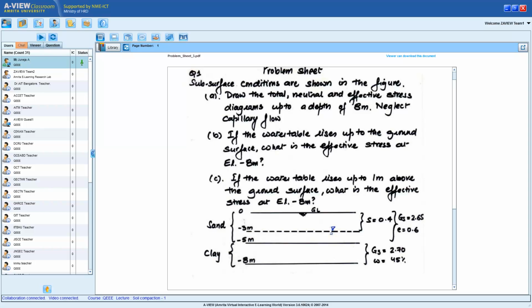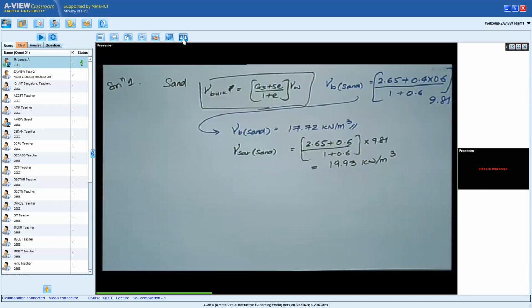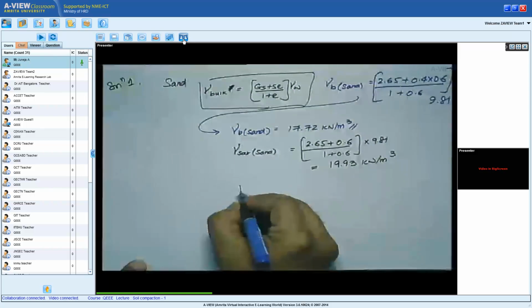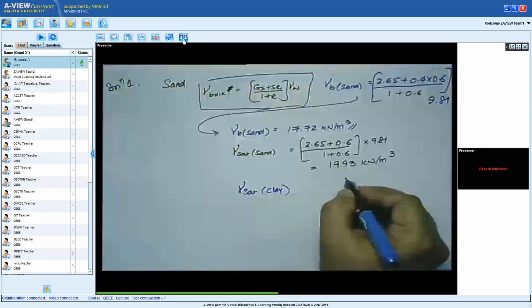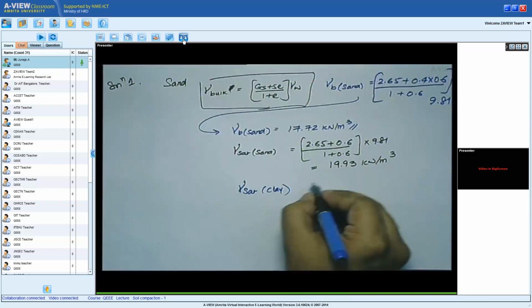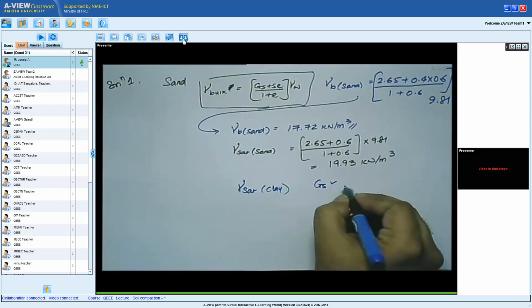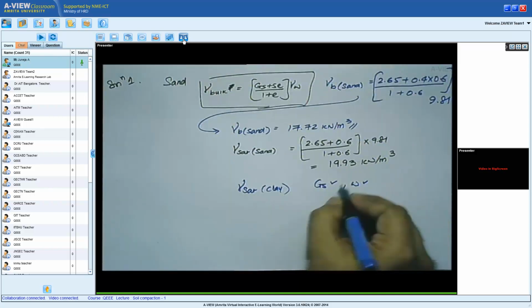Okay. Now we have the unit weight of sand both above and below. What about unit weight of clay? So gamma saturated, again clay. Now if you look at the numbers, I have been given GS for clay and water content for clay.